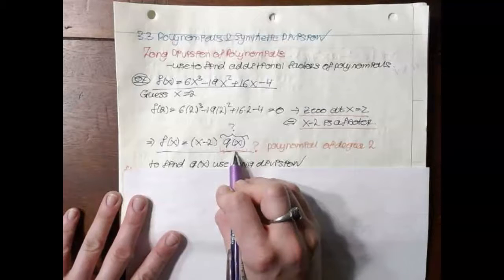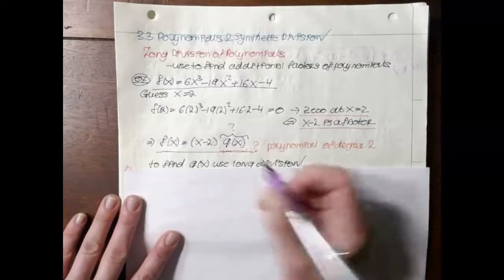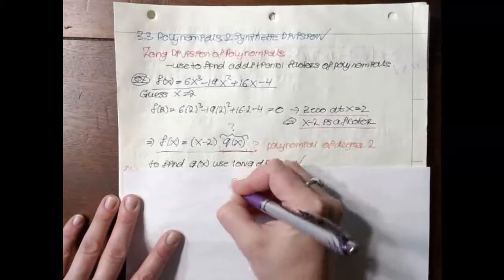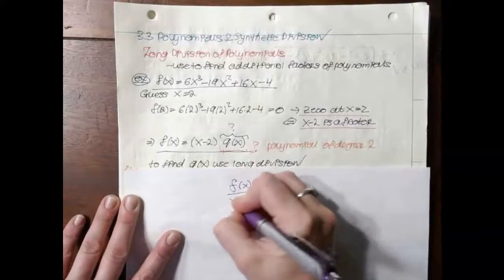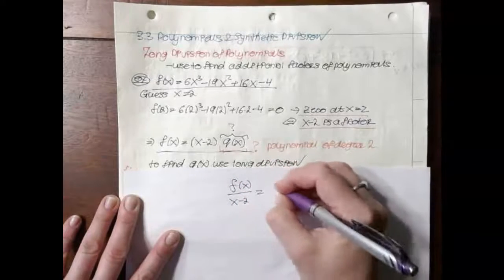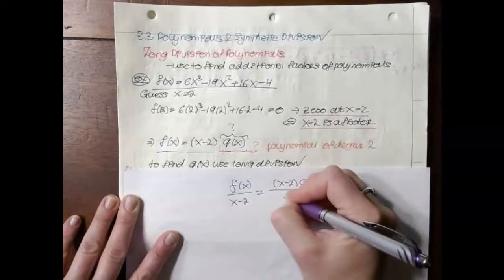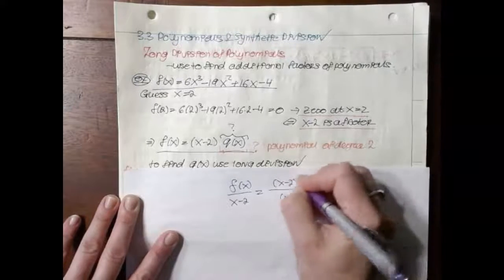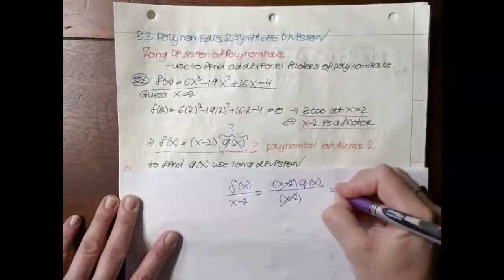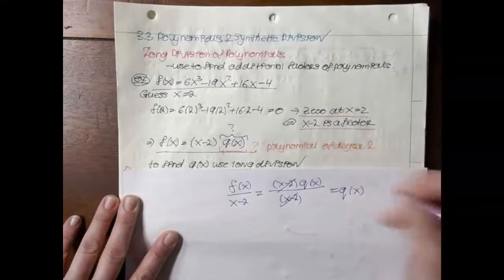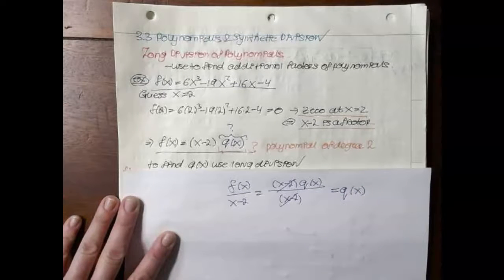In general, we can still do division. If I divide f of x by x minus 2, I will end up with x minus 2 multiplied by q of x, divided by x minus 2. So this factor x minus 2 will cancel, and this will give me that unknown polynomial q of x.